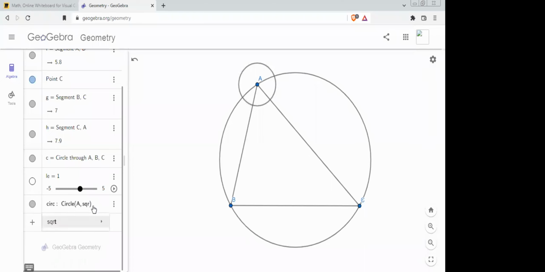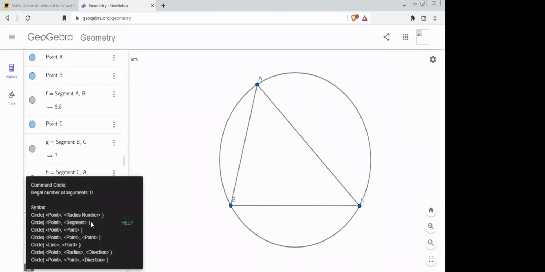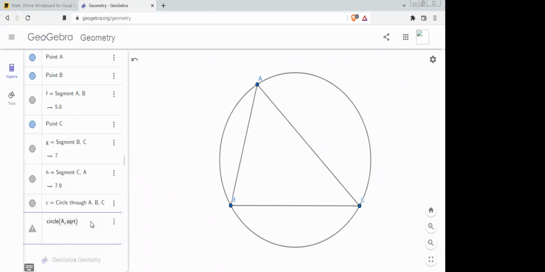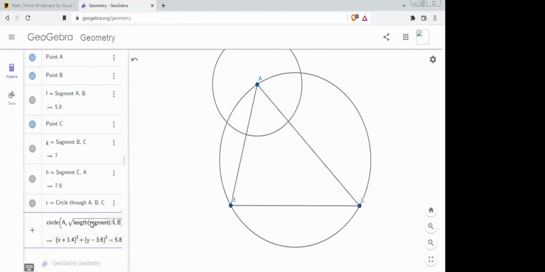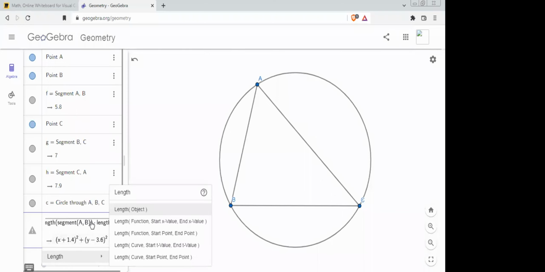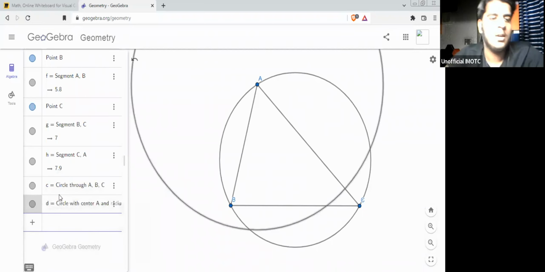Okay, just click on the keyword. Finally.